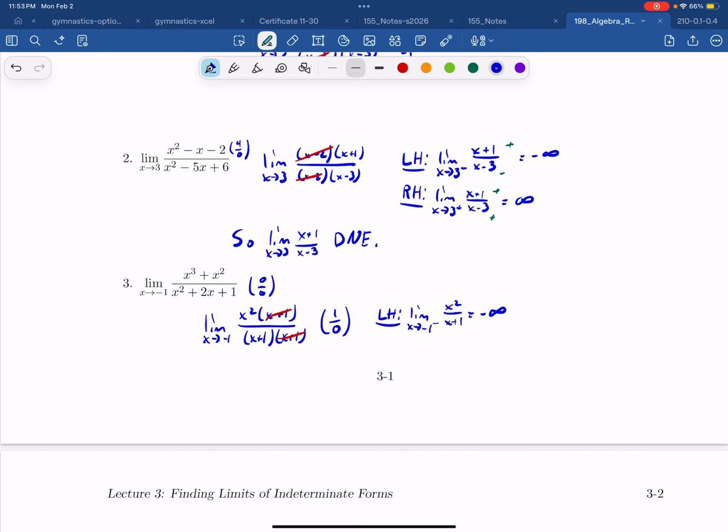So we're getting negative infinity. Let's do the right-hand limit, as x approaches -1 from the right, like -0.99. This gives us positive infinity. So once again, the double-sided limit as x approaches -1 of x squared over x plus 1 does not exist.